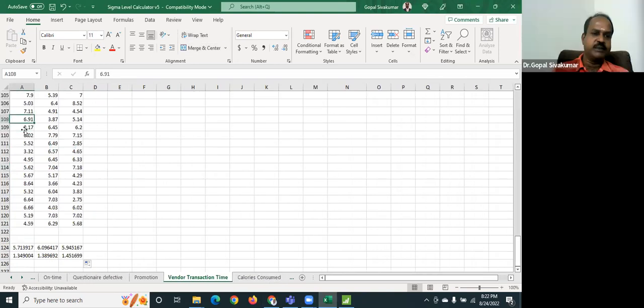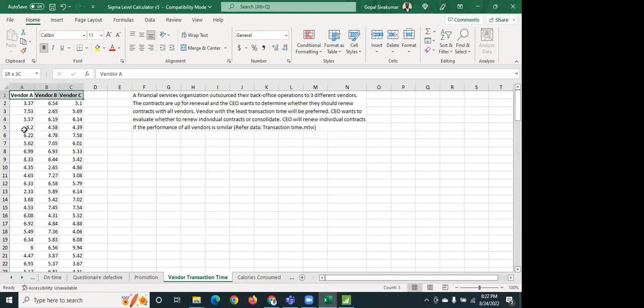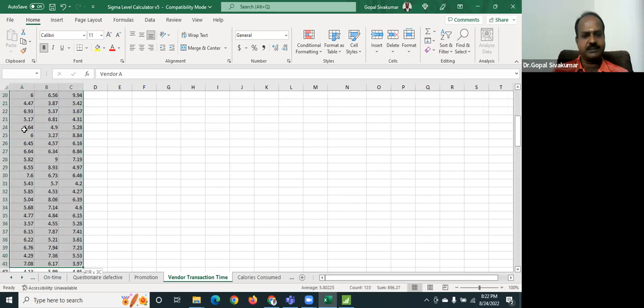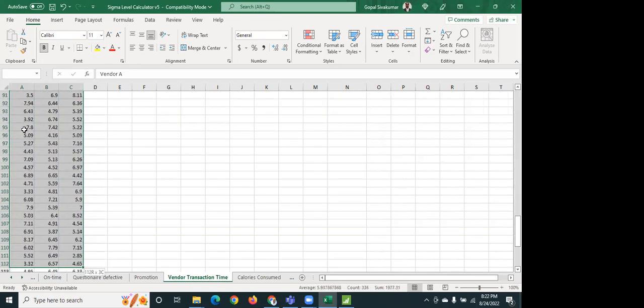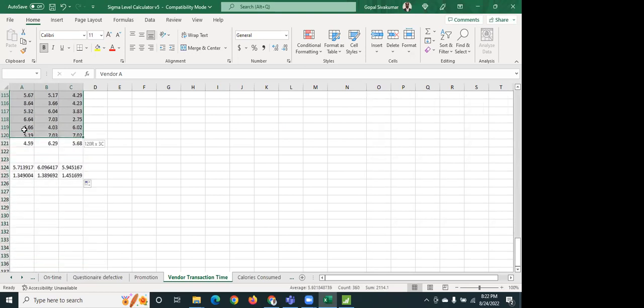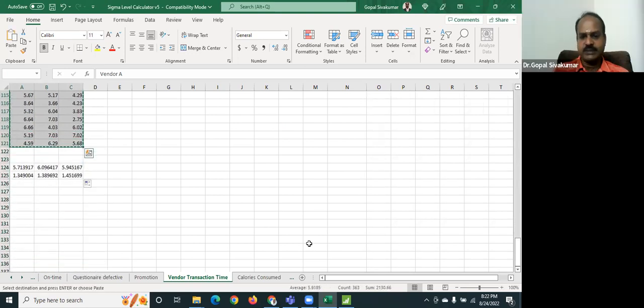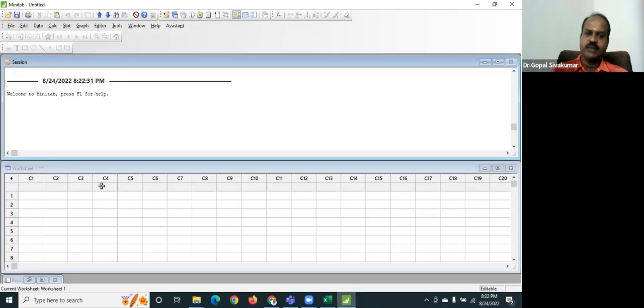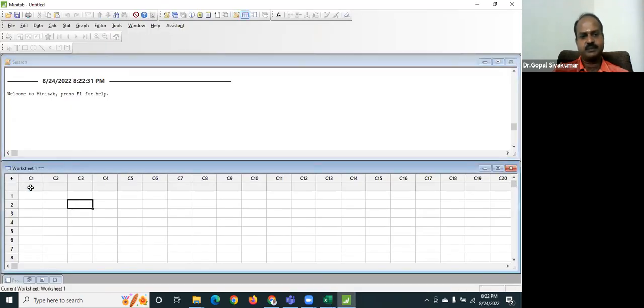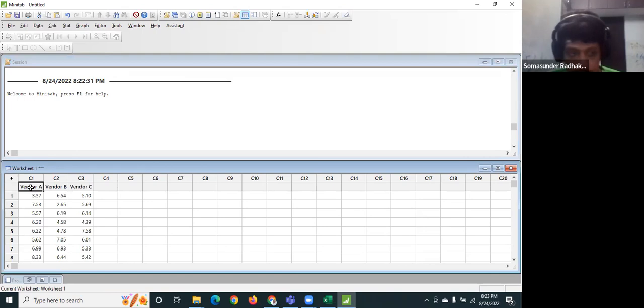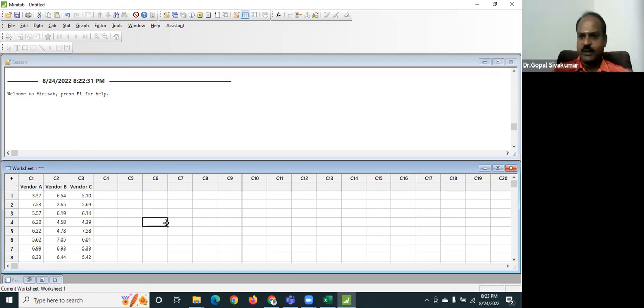Let me copy this data: vendor A, vendor B, vendor C. Copied, Control C. Now my Minitab screen is visible. Yes, sir. And now I have pasted vendor A, vendor B, vendor C.